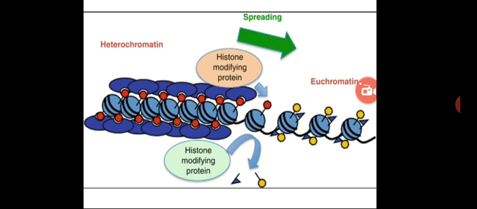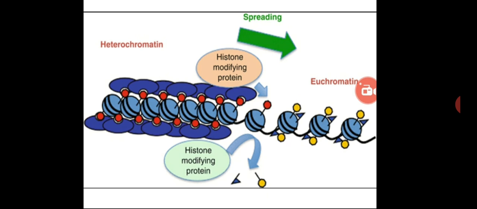That means the H1 protein, the linker histone protein, are very close to each other and condensed very tightly, right? Euchromatin means loosened up, widely distributed, very loose in arrangement.